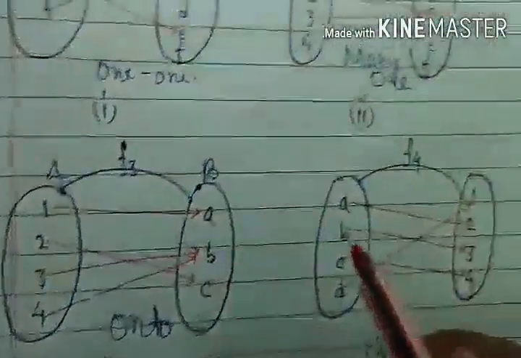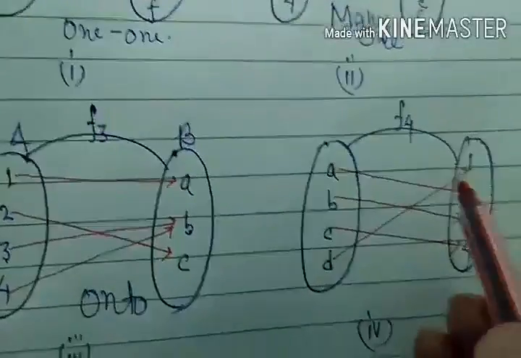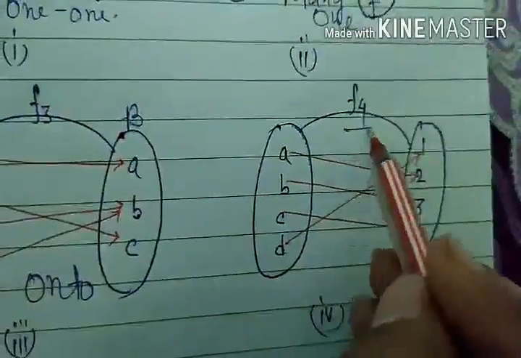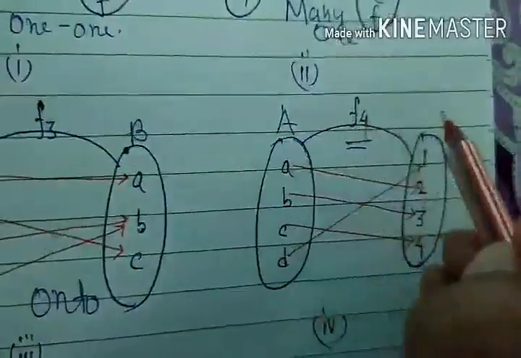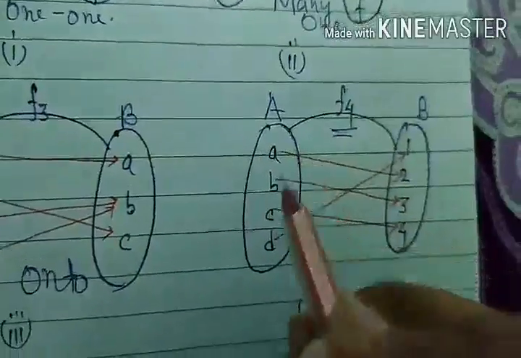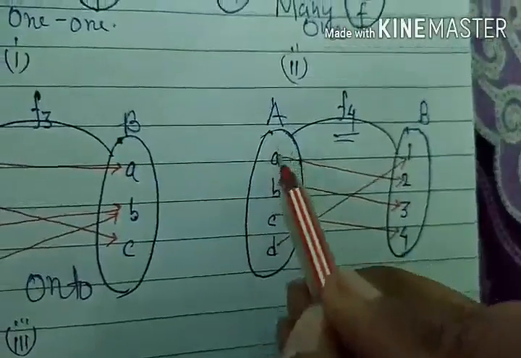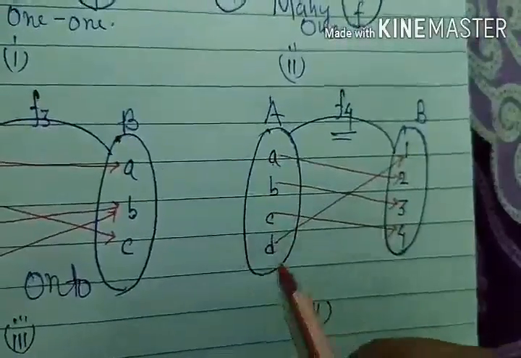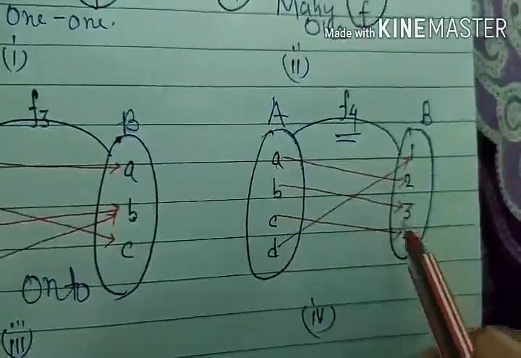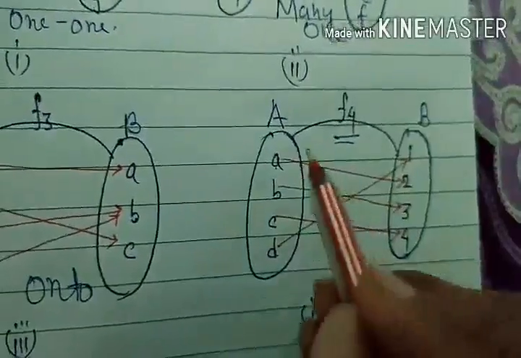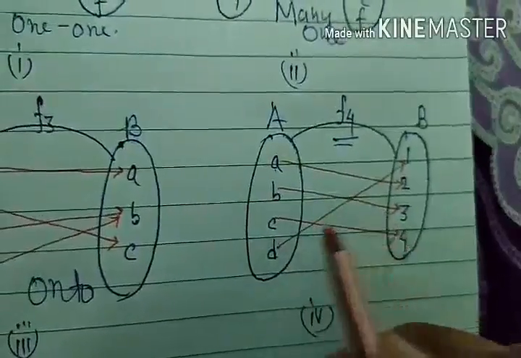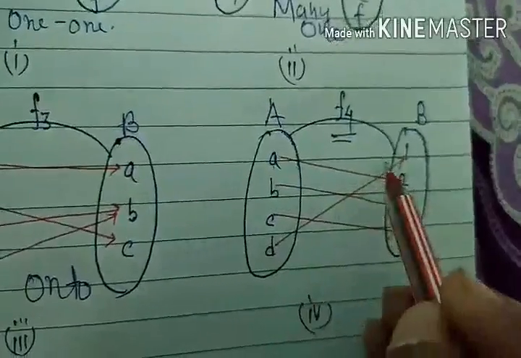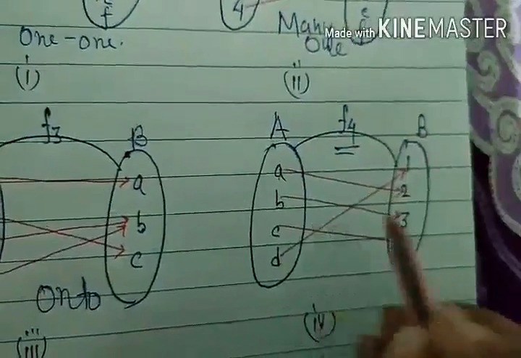And here if you see in F4, this function, again A to B, this time I am taking A elements A, B, C, D and B's elements 1, 2, 3, 4. Here you can see that A is mapped on 2, B on 3, C on 4, D on 1. So one element is mapped on one.